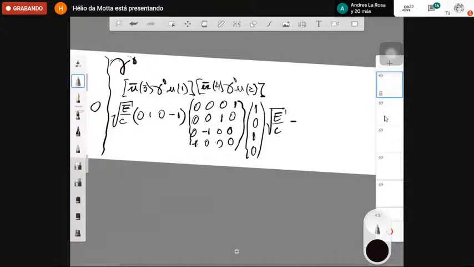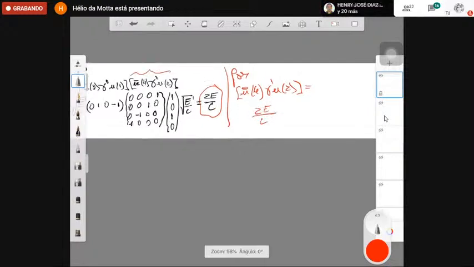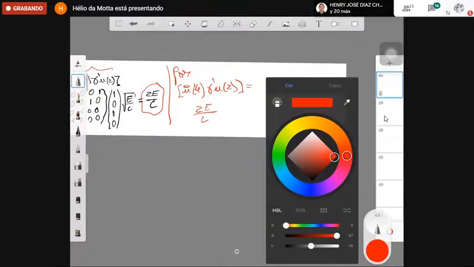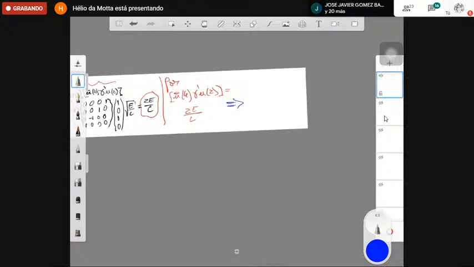In this case, we have 2E over C. For the second term you find the same thing, equal to 2E over C. So the total for this term is 4E over C.